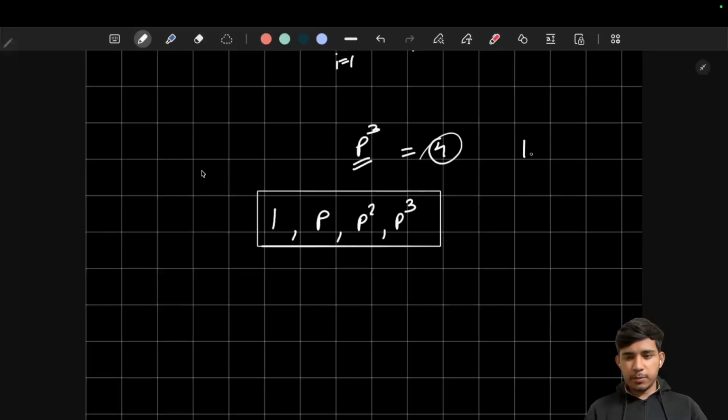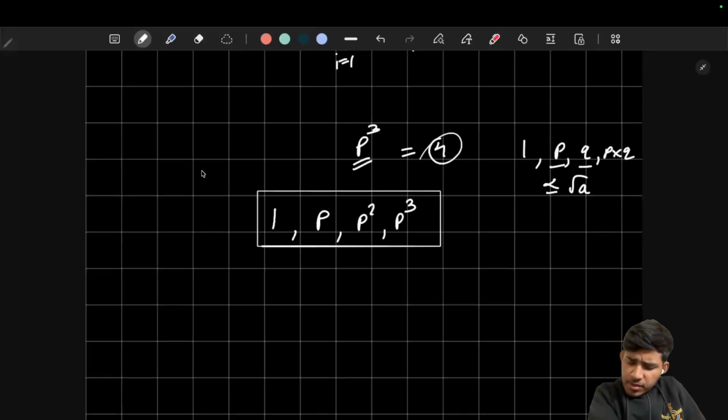Else, the places can be filled like this: p, q, and p times q, if p and q are both prime numbers, and one of these would be less than or equal to the square root of a. So we can write the factors like this.